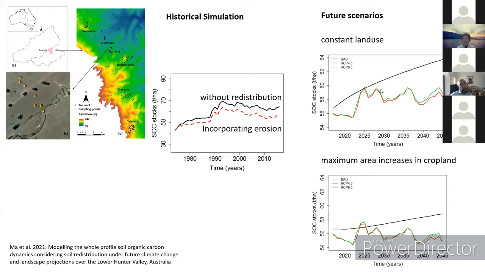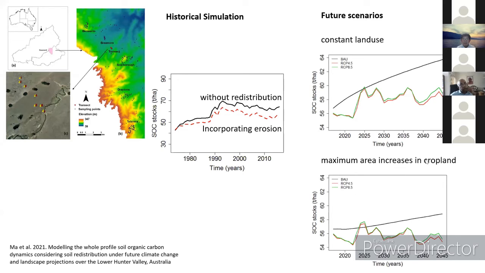And this is going to simulate at different climate change scenarios. And we can see that under different climate change scenarios, under constant land use, you can still have some ups and downs in the carbon stock, but relatively stable.